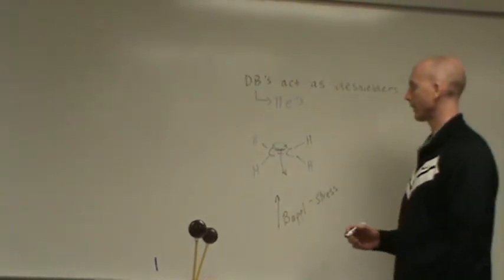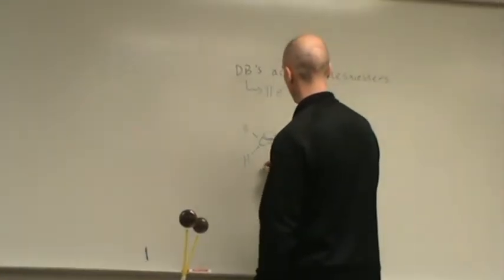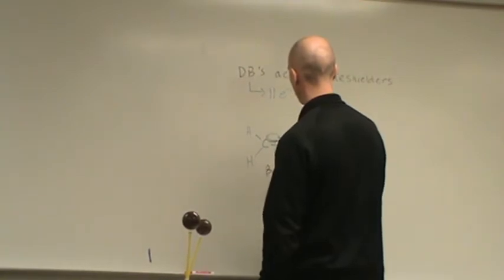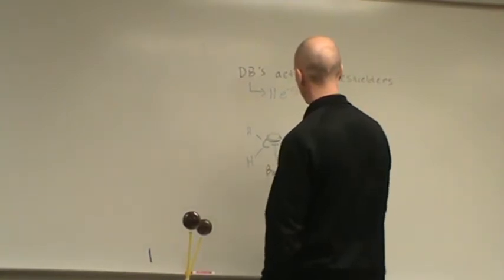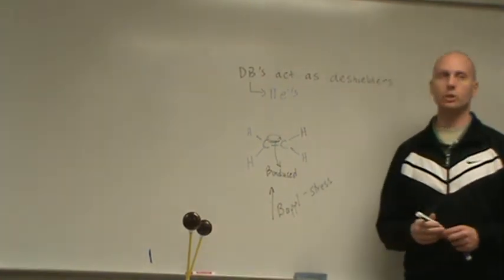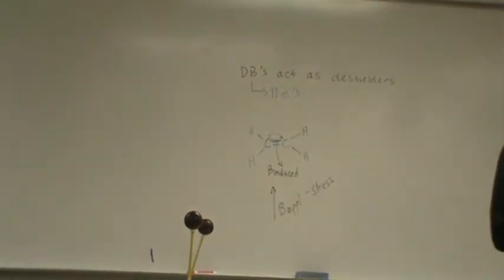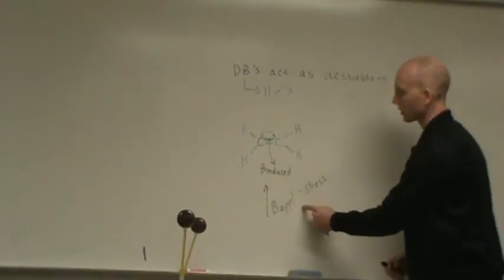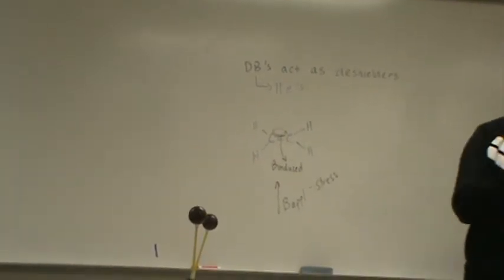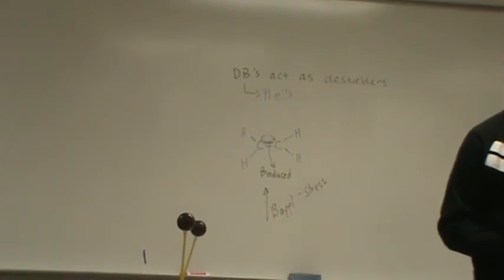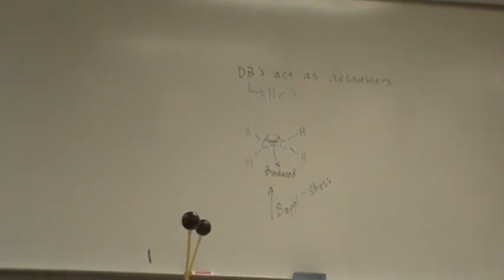And that's what we call B induced. So it's induced by the applied magnetic field. It's fighting against that stress to try to quench it, to try to knock it out.